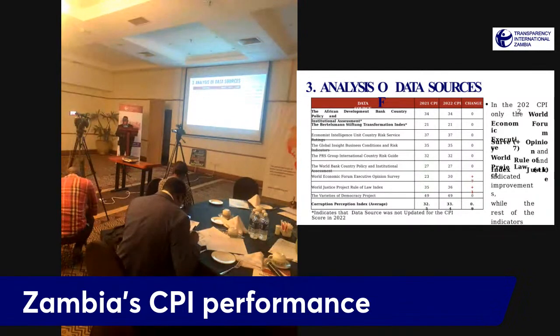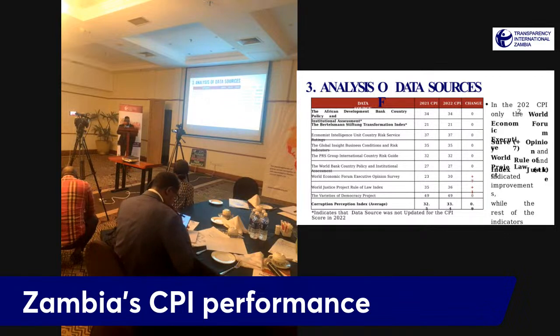Remember what I explained about getting the results for your child at school, in terms of the different data sources. For the case of Zambia and the CPI in 2022, we have 9 different data sources. As you can see, only 2 of the data sources registered positive improvements.